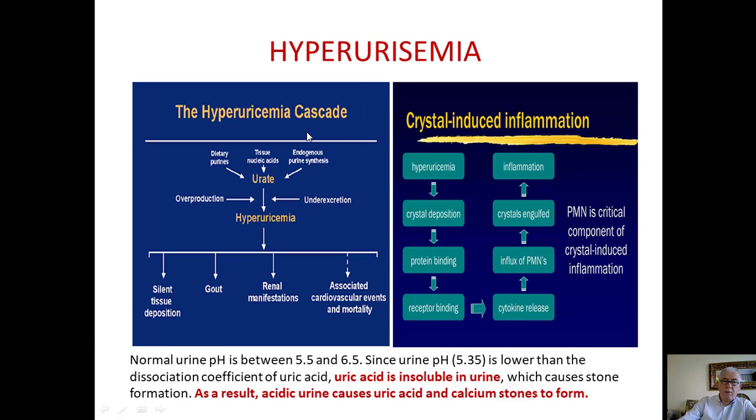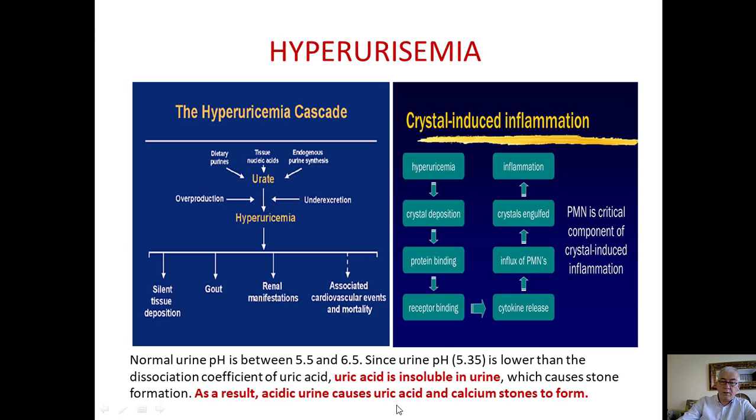Hyperuricemia is a cascade: first of all, increased uric acid level, and uric acid combines with sodium and turns to sodium urate, and this molecule turns to crystals. These sodium urate crystals deposit in many tissues, and after many reactions we meet very serious inflammation.